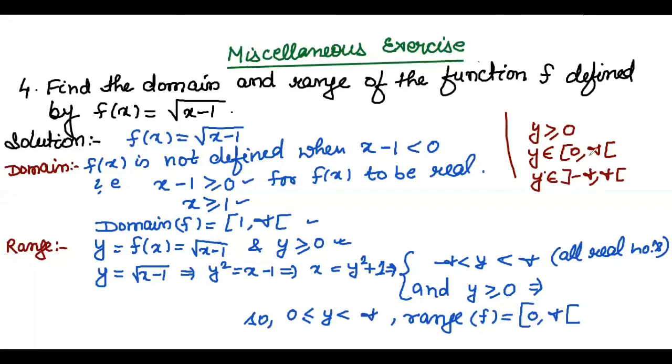So the common part in both we have to use. Common in both means, here it is 0, it is minus infinity, it is infinity. So this is the common part, 0 to infinity. Because of that I'm including that in the range of f, that is 0 to infinity. This is the range value. I hope it is clear for you all.